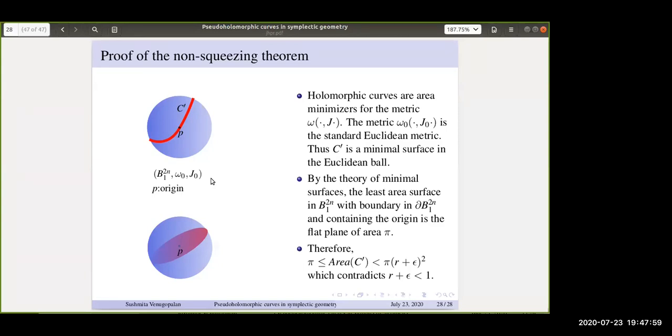Basically, the idea is that if a minimal surface has its boundary on the unit sphere, in order to hit the origin it has to have area at least pi, because that's the minimum you can do with a flat plane. You cannot do better than that. But the holomorphic curve that we constructed has area much less than that, which is not possible. So that contradicts the assumption that R is smaller than 1, leading to the proof of the non-squeezing theorem.